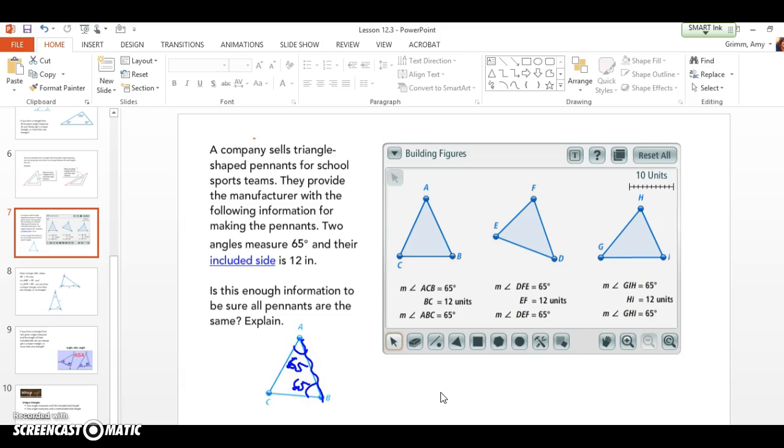This is the included side because this is a friend, this is a friend. This side is between the two friends. That's included, okay? How are they not understanding? I don't know, but I'm so happy with you guys right now. So this is like the opposite of yesterday, right? Yesterday was a side and an angle. Today is an angle and a side, okay?